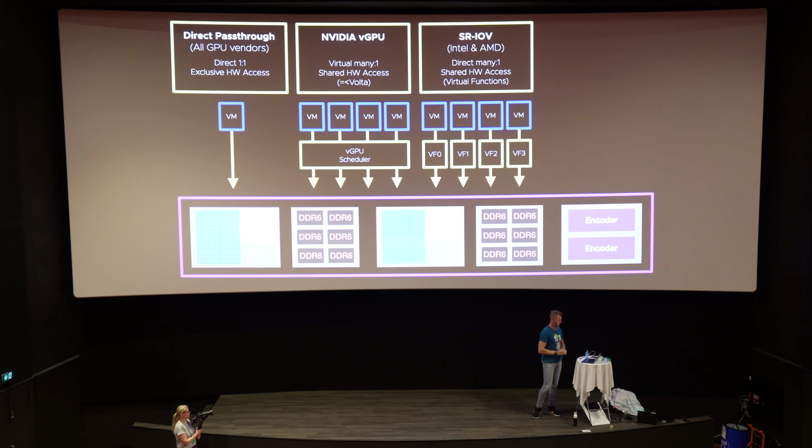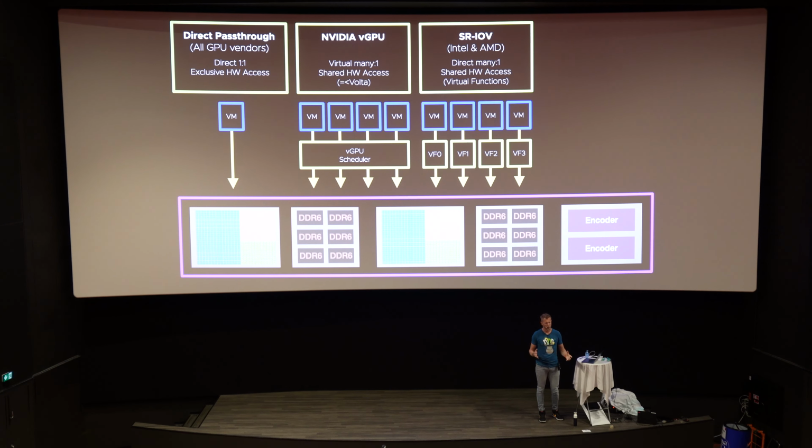Then there's SR-IOV. Who uses this in combination with GPUs? No hands. Frank? No? Not with like NDA options? Interesting. Right, so what is interesting is that Intel, with their newest offerings, do use SR-IOV. So you basically virtualize access to a part of a GPU.